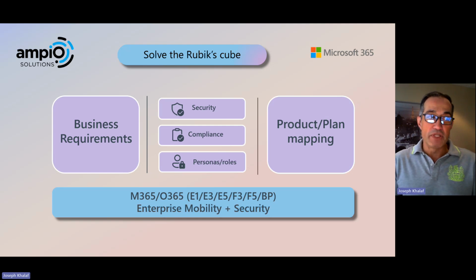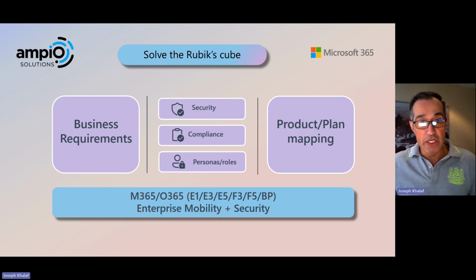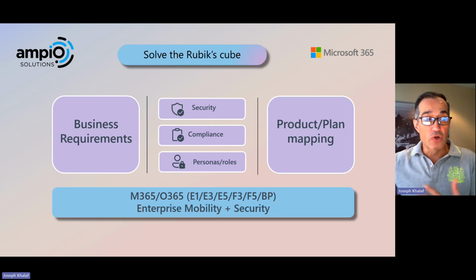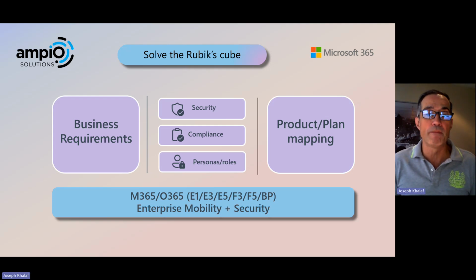We know potentially Business Premium is not going to apply, or Business Premium is going to get you almost there, but we need to invest in an add-on to ensure that when your teams are chatting across various channels within Teams and might put in a social security number, DLP catches that.